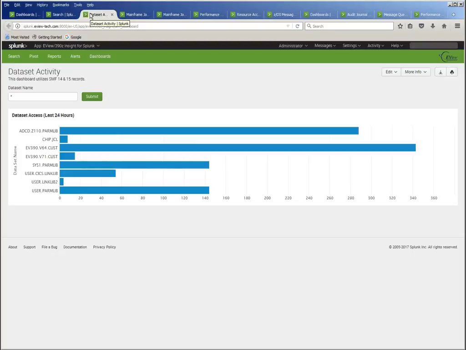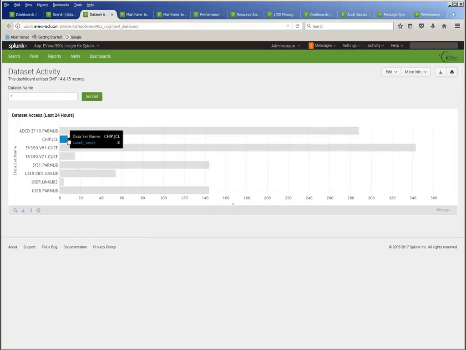We also support VSAM data set information or SMF record collection as well. So you can get information about when data sets are accessed and information about those accesses.